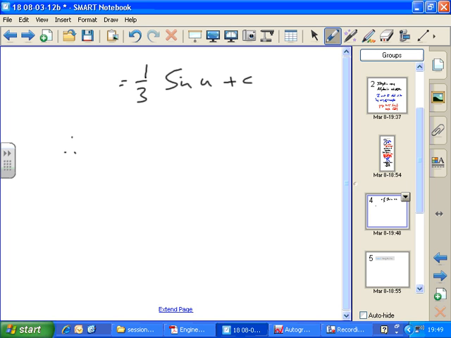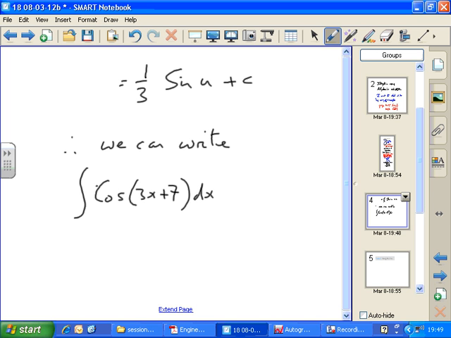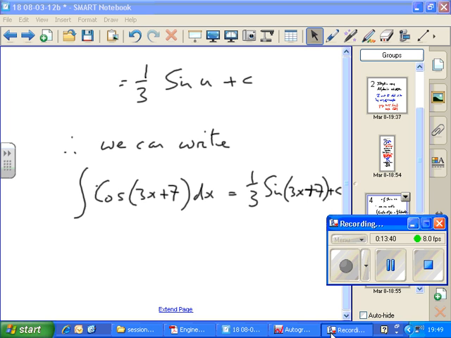So therefore, we can write the integral of cosine 3x plus 7 with respect to x is 1/3 of sine 3x plus 7 plus c. Can you just go over the bit where you've done that?